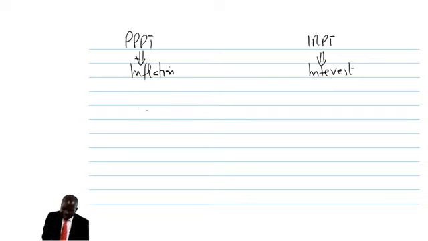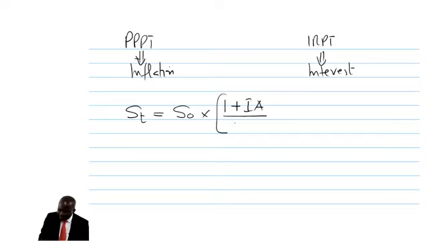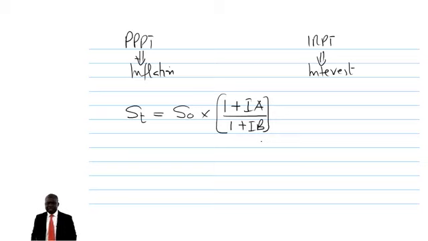The formula is the spot rate at the point T equals the spot rate now multiplied by 1 plus inflation A divided by 1 plus inflation B. What do I mean by A and B? They will give you the two inflation rates for the respective countries, so you need to separate them.